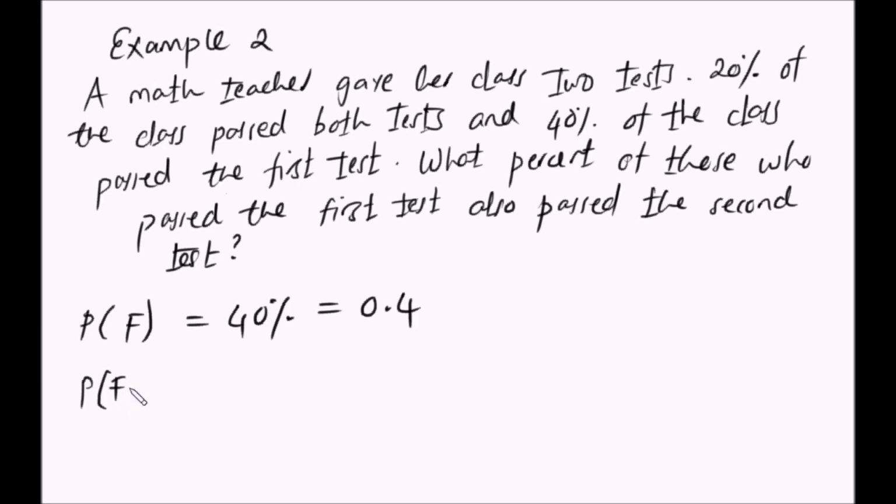So 20% passed both tests, meaning they passed the first test and the second test. Find what percent of those who passed the first test also passed the second test.